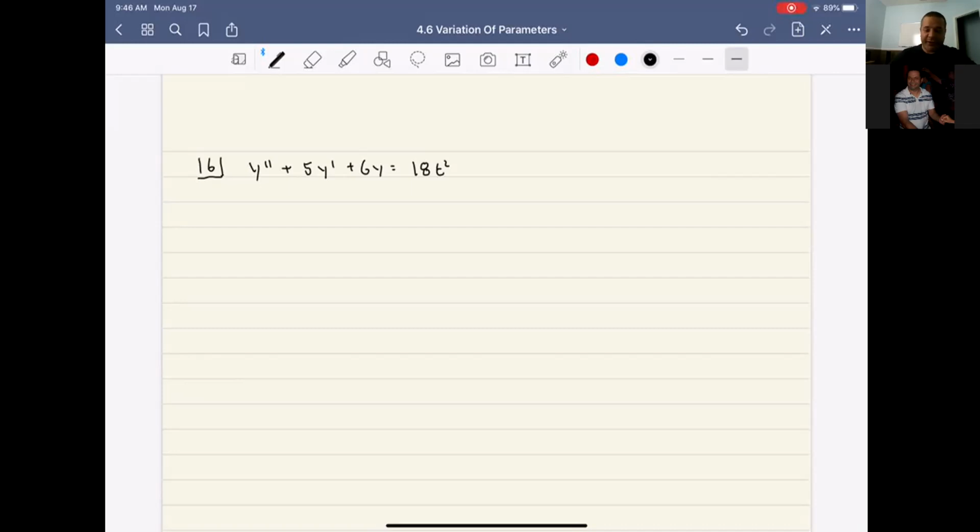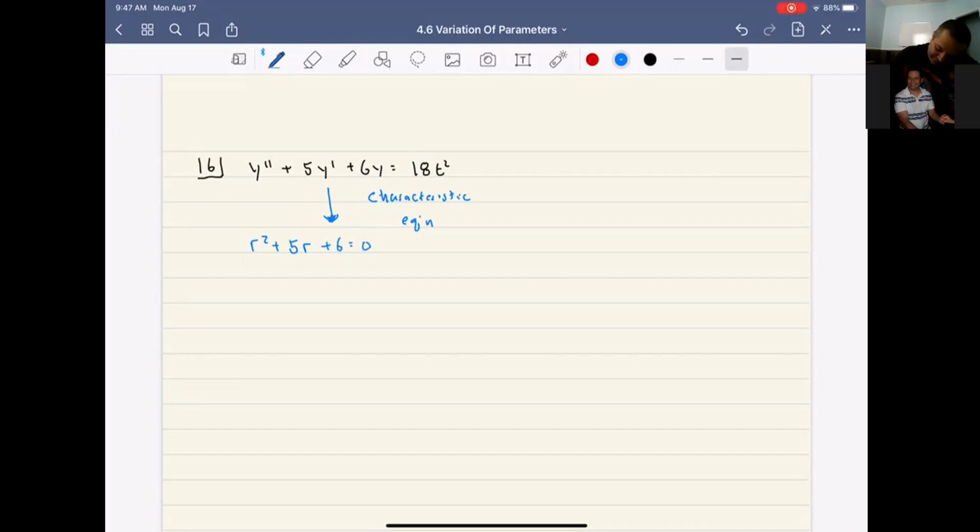Variation of parameters again. Okay, so y double prime plus 5y prime plus 6y, the characteristic equation is r squared plus 5r plus 6 equals 0.